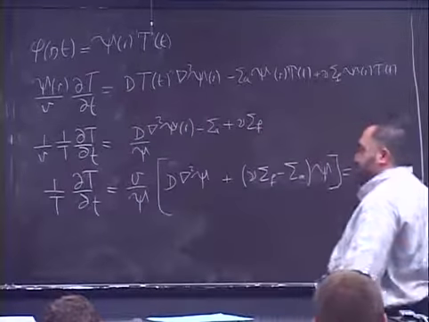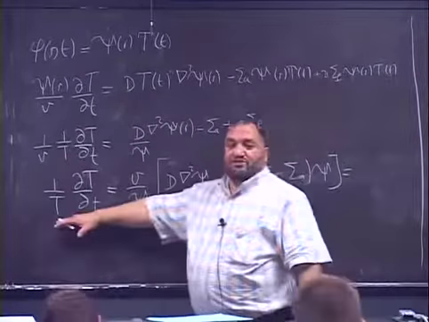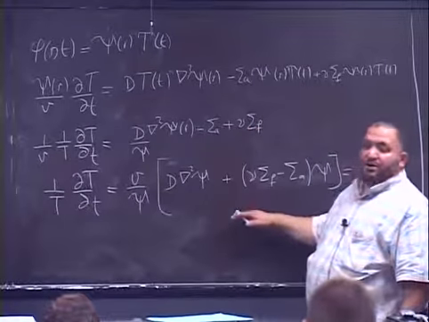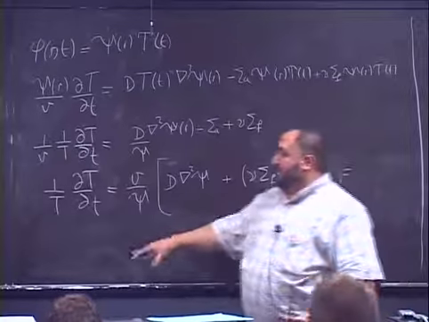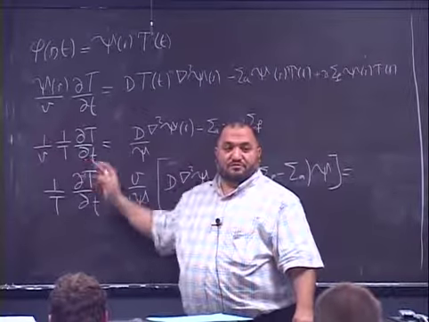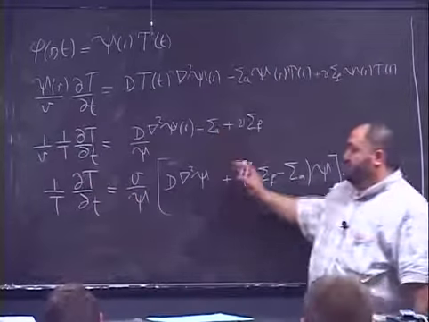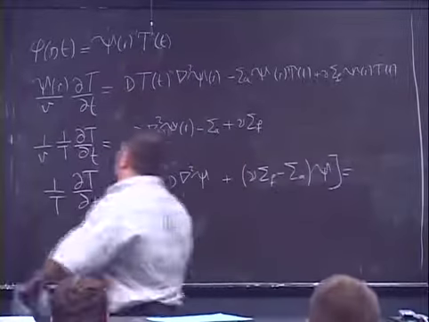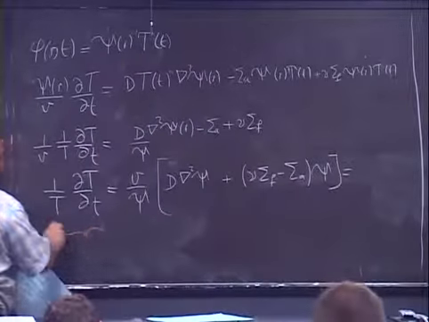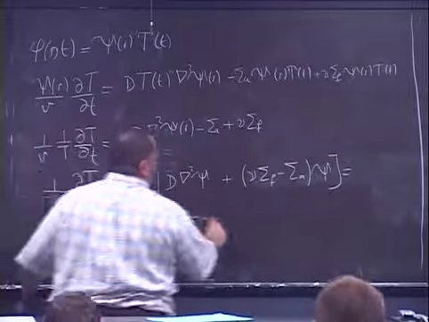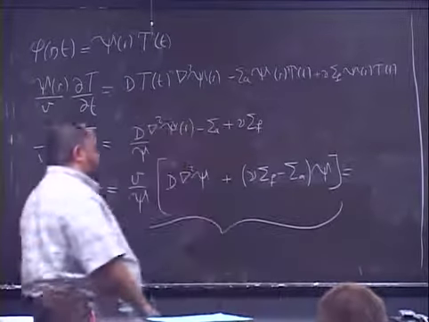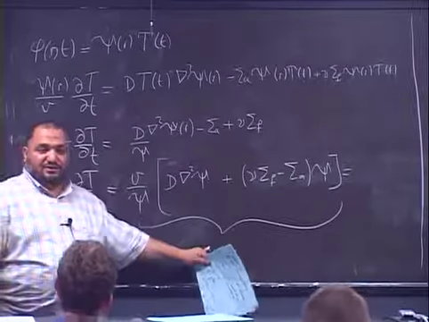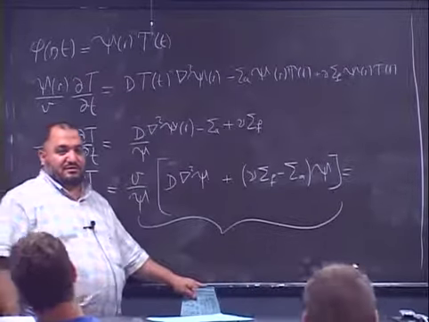Yes? So you have a function of time which is totally independent from a function of r, and some derivatives of this function equal to some derivatives of the other function. This means that the variation of this function is the same as the variation of the other function, so this is equal to a constant and this is equal to the same constant.